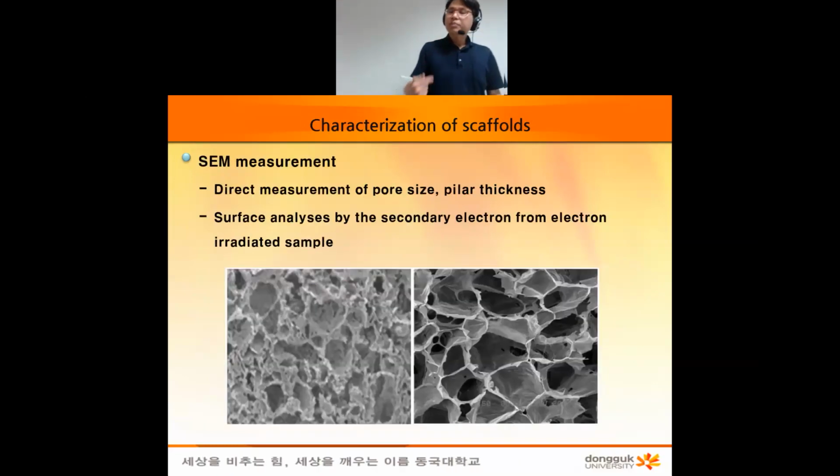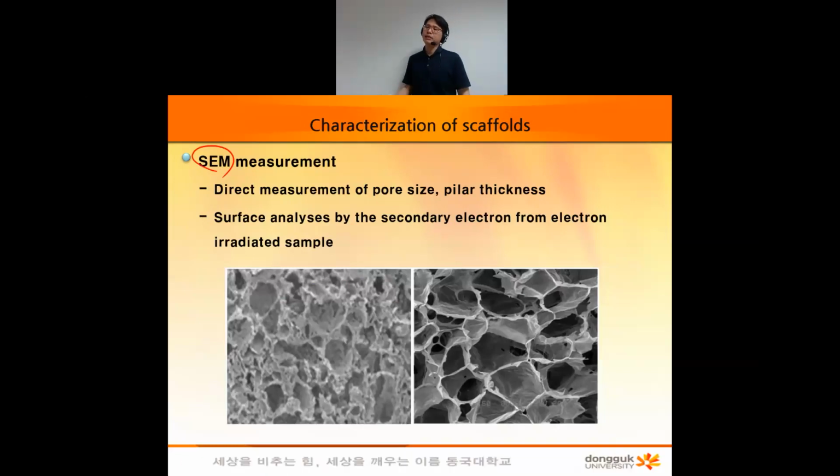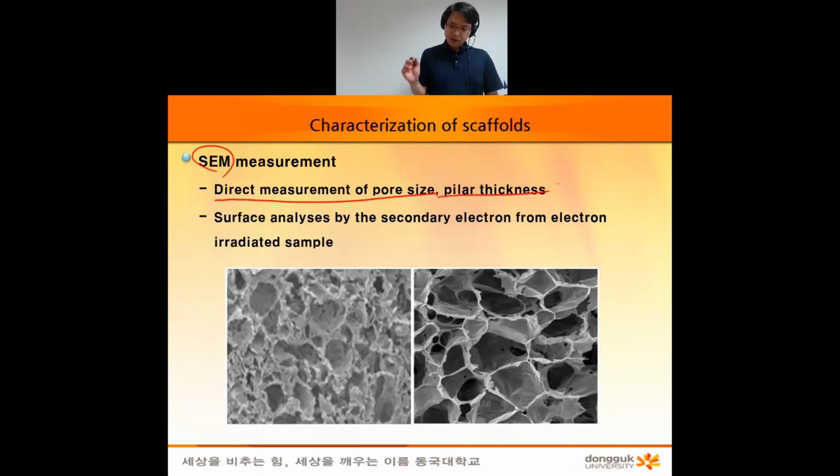Okay, the experimental methods such as SEM measurement is maybe the best, although we cannot see everywhere in the scaffolds, but we can visualize the shape of pores. It's a direct measurement of pore size and pillar thickness. Surface analysis by the secondary electron from electron irradiated samples is the principle of SEMs.